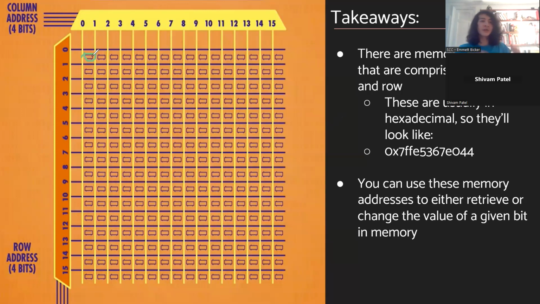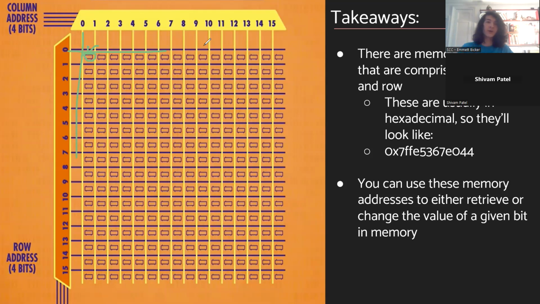And if I want to change this value, this over here is a more complicated version of what I showed last slide. It's a storage location. If I turn on this wire and this wire, then I can index into that bit, and I can turn it on or off just by flicking it on or off.